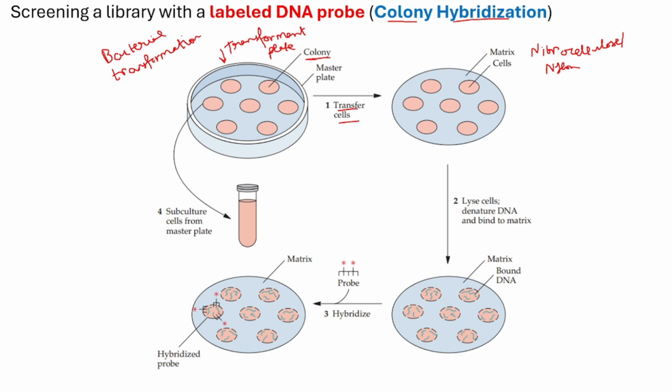After you get these cells on the membrane, you have to lyse them by various lysing agents which break the cell wall, and then you have to denature the DNA so you get single stranded DNA. You have to make them deproteinized, without any protein, and make them irreversibly bind to the matrix.